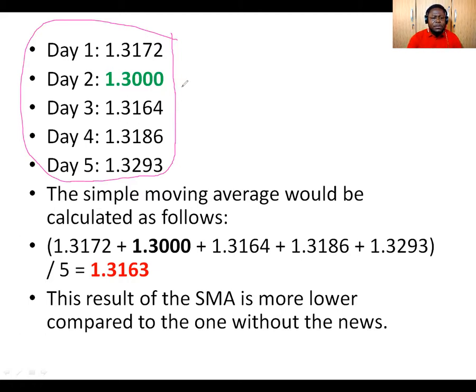So if the day 1 candle is rated at 2, it means all the others will be given the same rate: 2, 2, 2, 2, 2, equally. But the exponential moving average will not do that. The exponential moving average will lay emphasis on the current candle. So if it gives the first day's price maybe 1, it's going to give the second day candle 2.